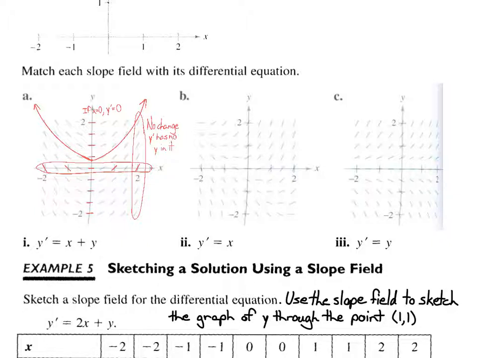But if I look at y prime equals x, that is the differential equation for this slope field. X squared is the parent function. If you take the derivative of x squared, 2x, it's linear, so it makes sense that our slope function is a linear function.